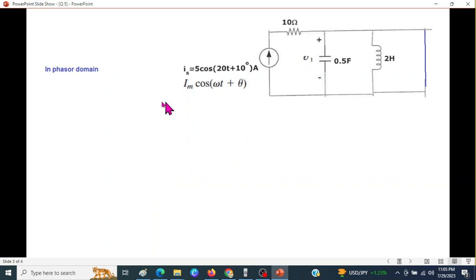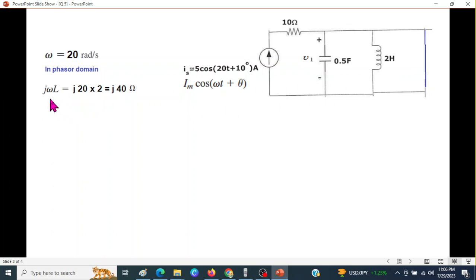So as far as the current source is concerned, we have to identify from here what omega is. So you can see omega is 20. So we'll write omega is 20 radians per second. And then we'll convert the inductor and resistance.